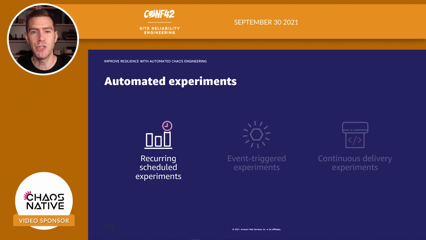So the verification you got from doing a one-off chaos experiment a week ago or a month ago might quickly become obsolete because of these other changes. So by scheduling experiments to run on a recurring schedule, you can get that verification over and over again as unknown parts of the system change. So let's take a look at how this can quite easily be achieved.